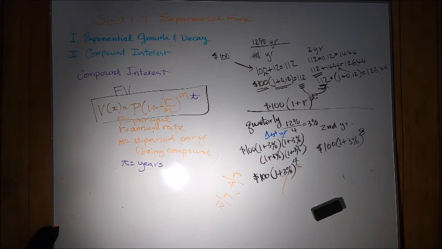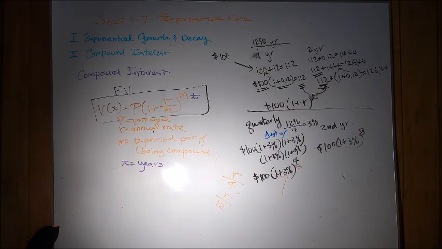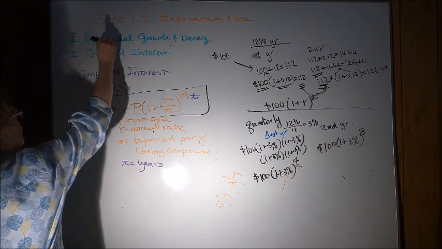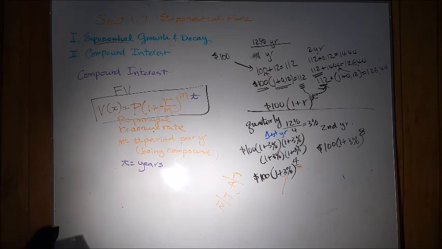As long as your variable is in the exponent position, what kind of function do we have? Exponential function. Okay? So this is the compound interest formula. We will use this a lot. Then see some examples as well.